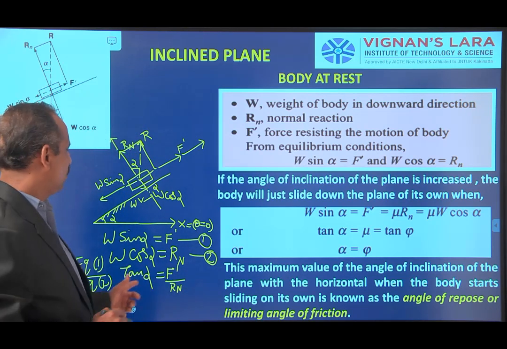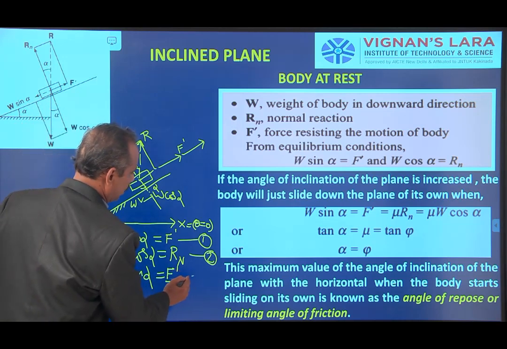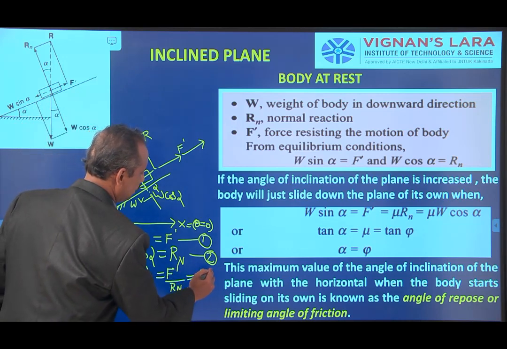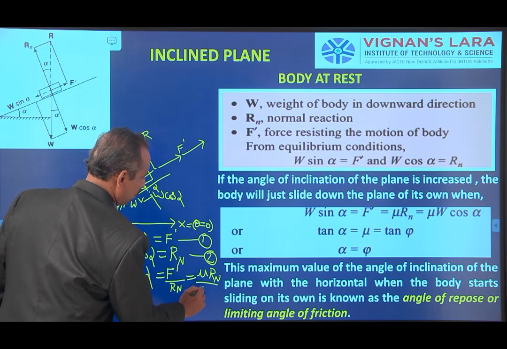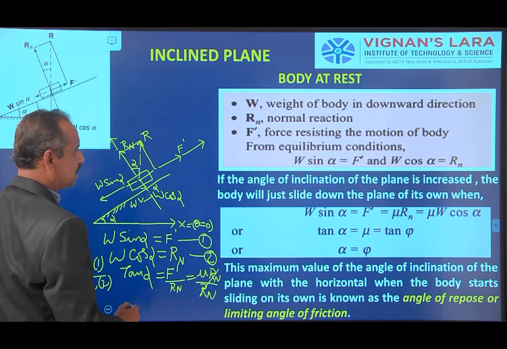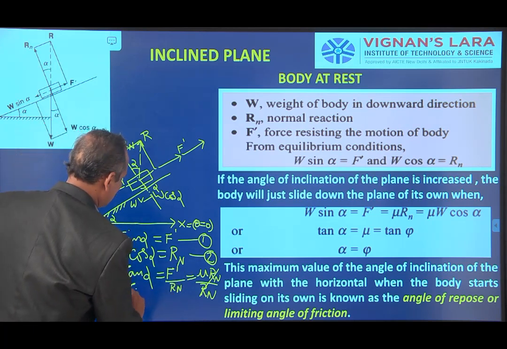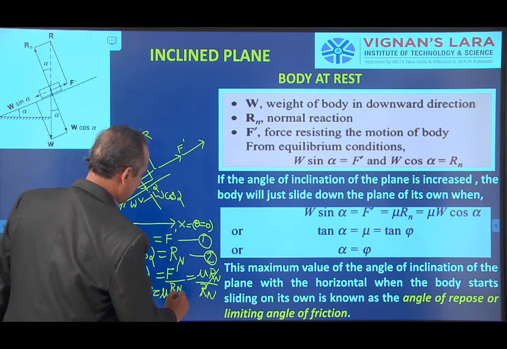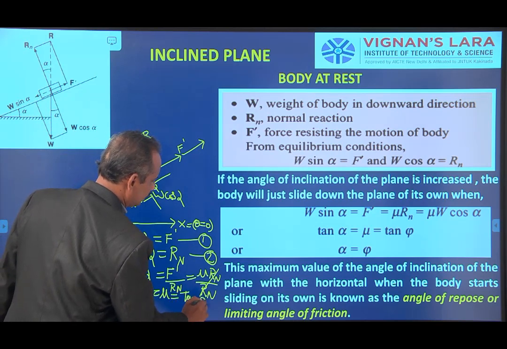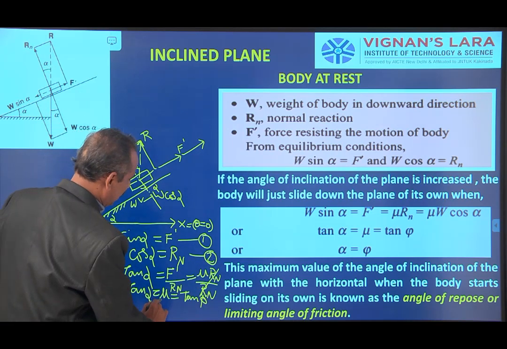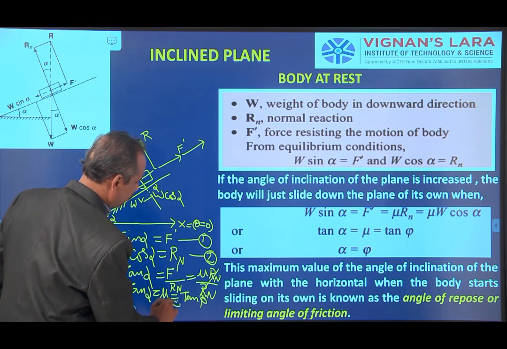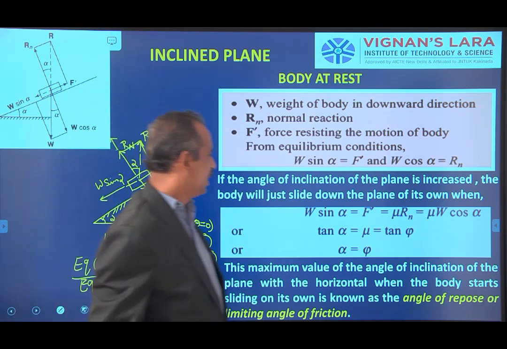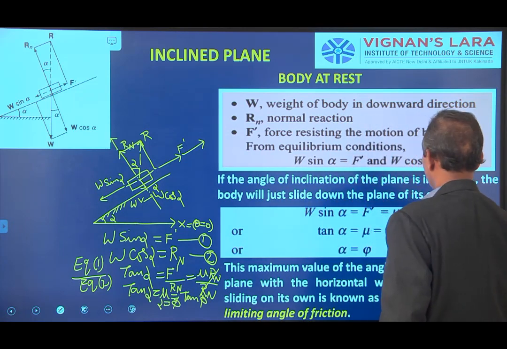So we know that frictional force is nothing but mu times of Rn, by Rn, then Rn and Rn get cancelled. This gives tan alpha is equal to mu, and we can replace mu by a term called tan phi. Then automatically alpha becomes phi. This is what we have written here.